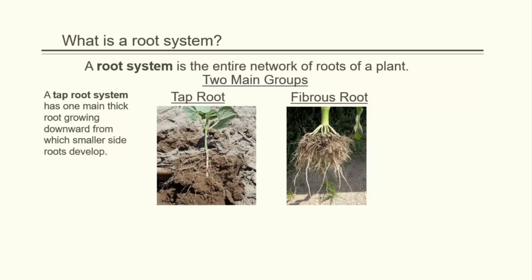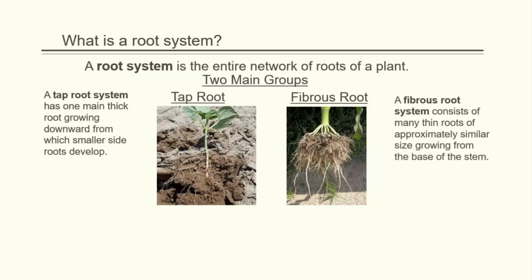So have you seen the taproot? You see that it has one main root. And then there are smaller roots which are growing on the side, the left and right. Have you seen it? That is what we call a taproot. A fibrous root system consists of many thin roots of approximately similar size growing from the base of the stem.